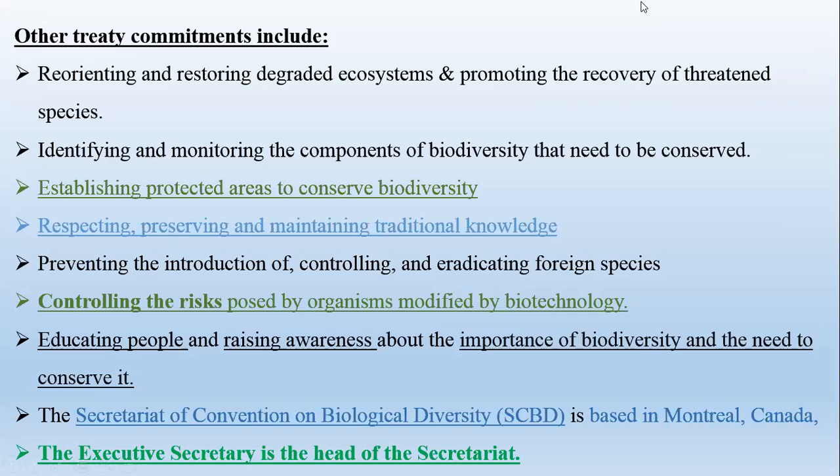That is also one of the important functions. Then educating people and raising awareness about the importance of biodiversity and the need to conserve it. It's one of the major aspects in the CBD, that is awareness about the importance of biological diversity.